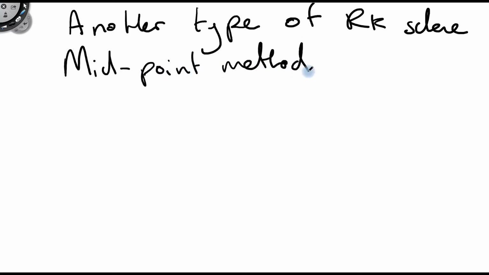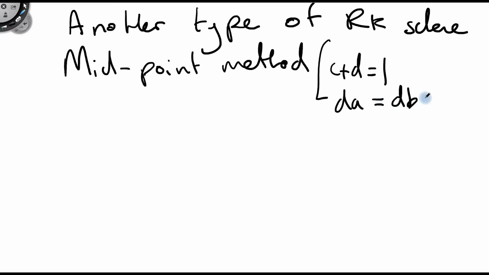And if we go back to our constraints, remember we had c plus d equals 1, and dA equals dB equals a half.